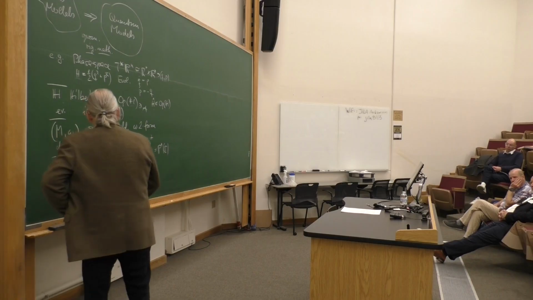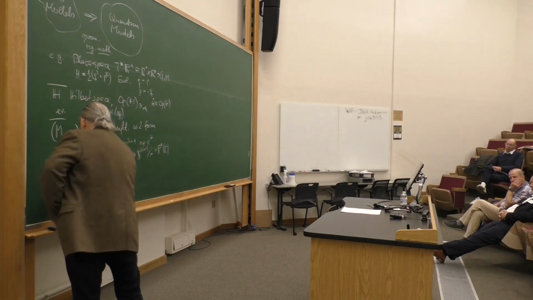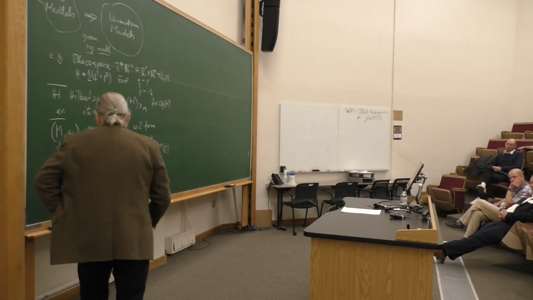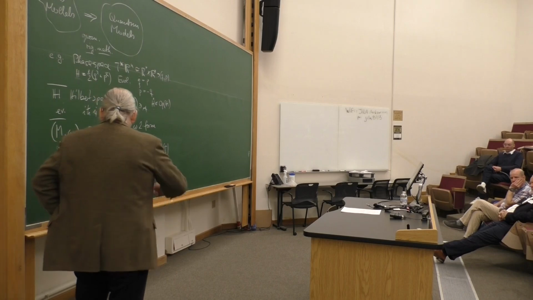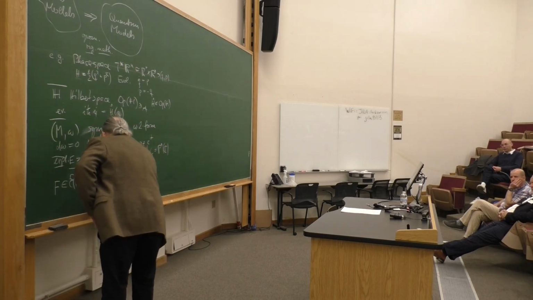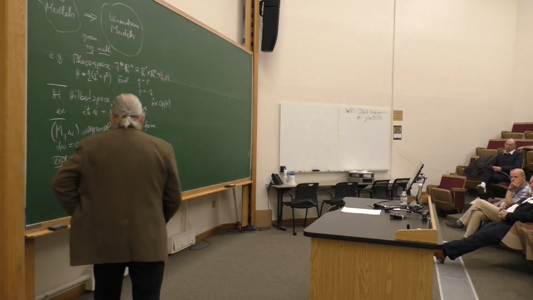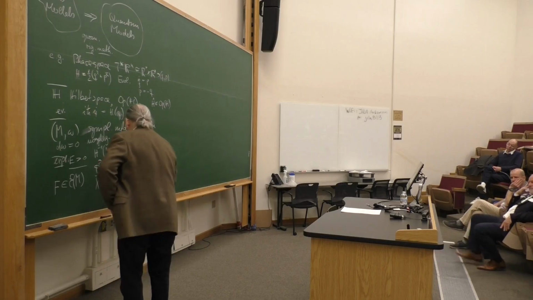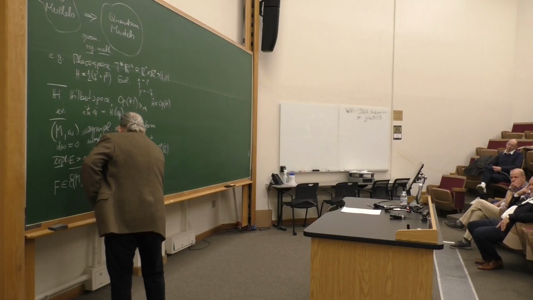First of all, for f a general function on M, a general differentiable function, we can define the so-called Hamiltonian vector field X_f, and this is essentially, in canonical coordinates, df.